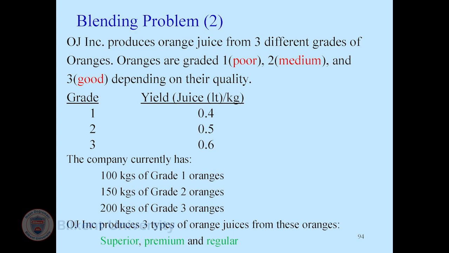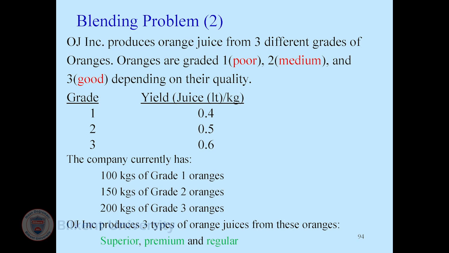So I have 3 types of oranges, and each one yields a different amount of the final product that I want, which is orange juice. Currently, in my inventory, I have 100 kilos of poor, 150 kilos of medium, and 200 kilos of good oranges. I'm going to mix these, squeeze these, and come up with orange juice.